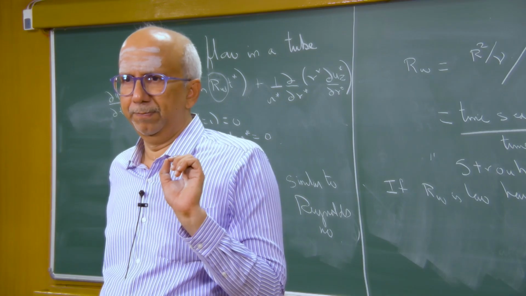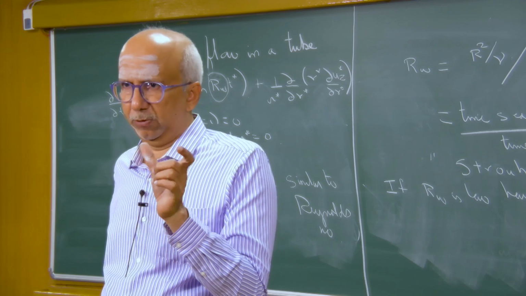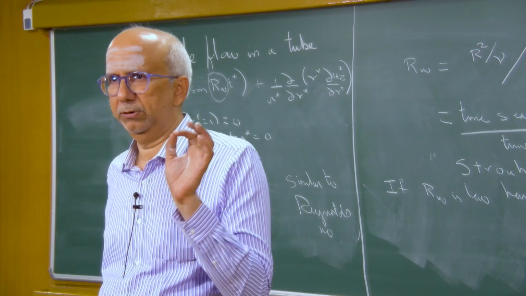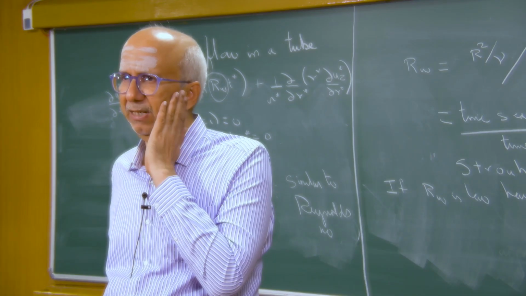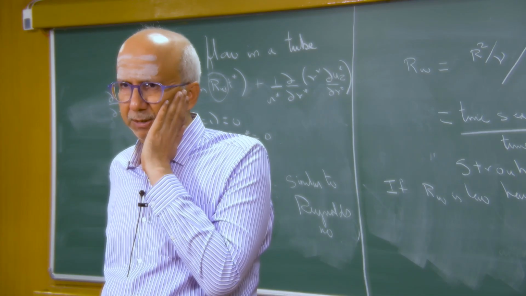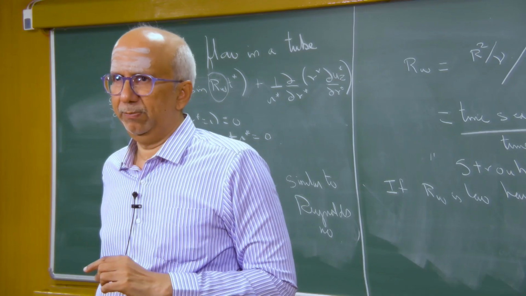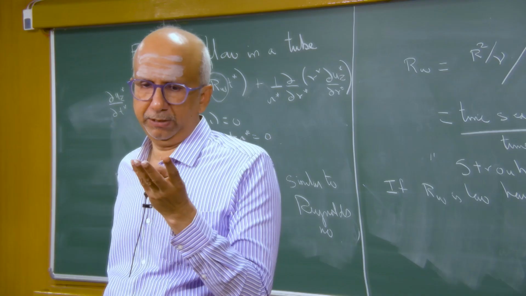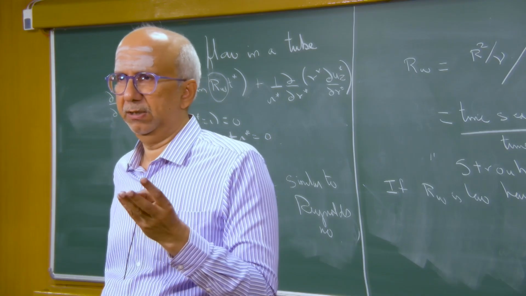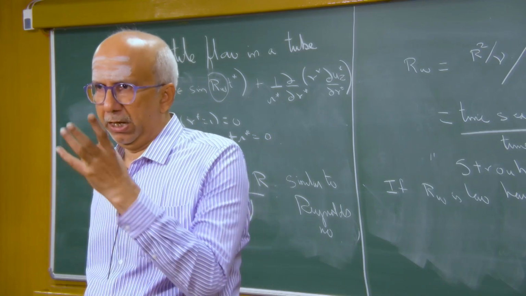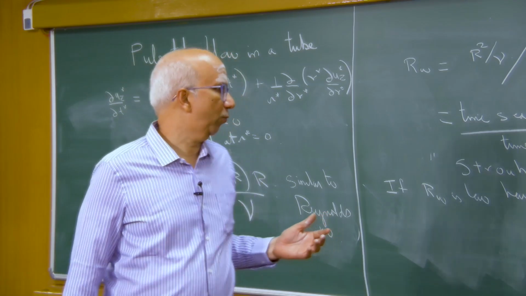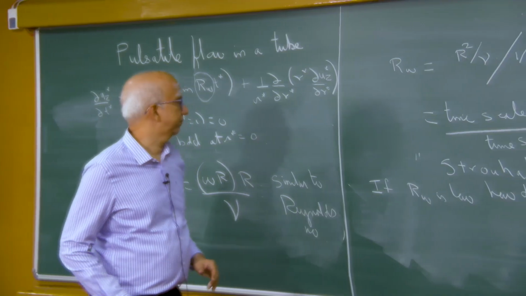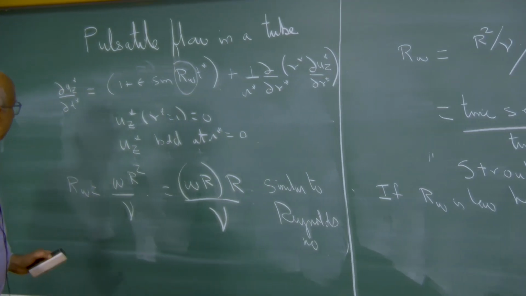I talked about two different time scales, and we will see the implications of that. This is the power of dimensionless analysis: the system behavior is captured by only one parameter. Otherwise you would think it is captured by the frequency, the kinematic viscosity, the radius of the pipe; everything has been clubbed into one parameter here, the RW, the Strouhal number.